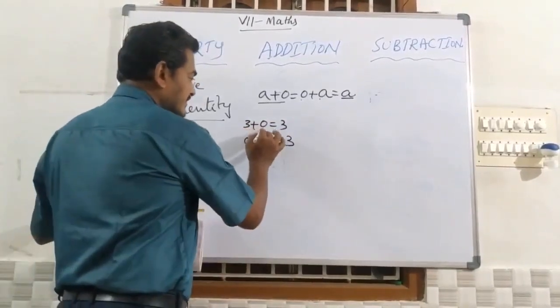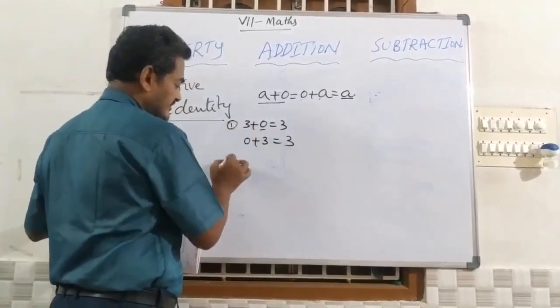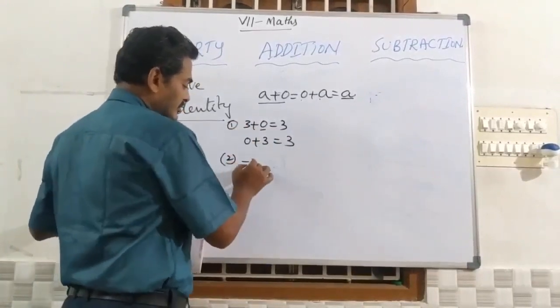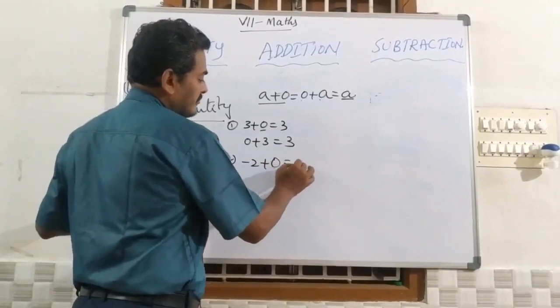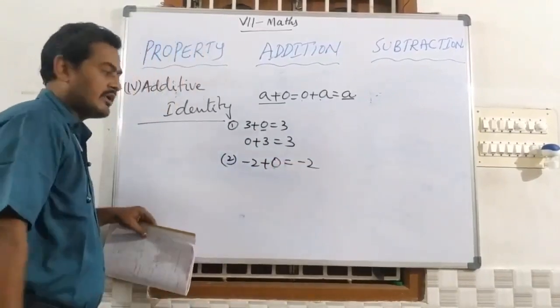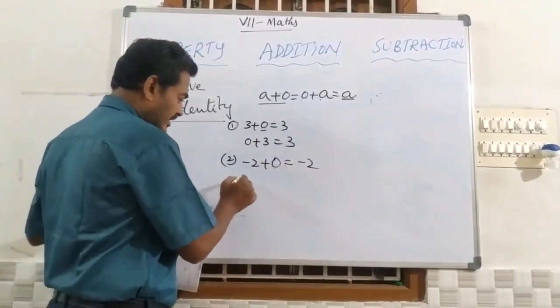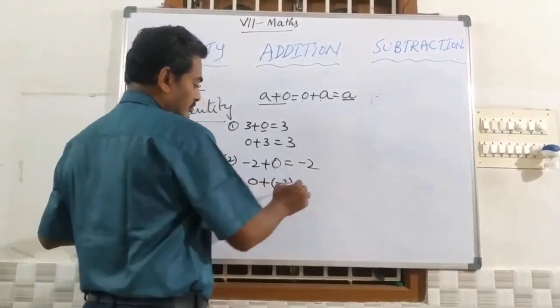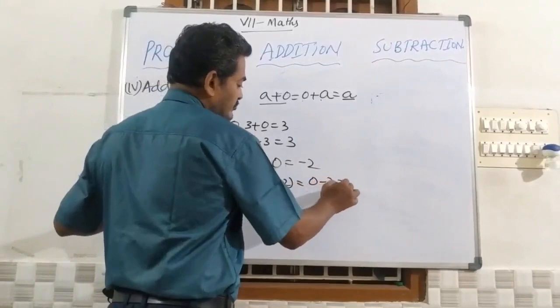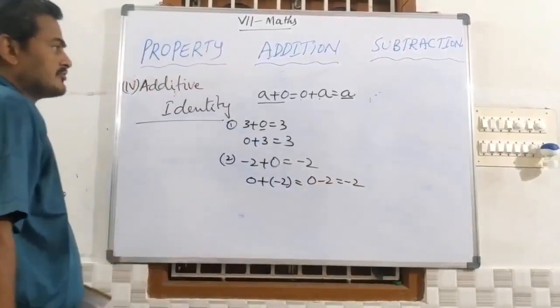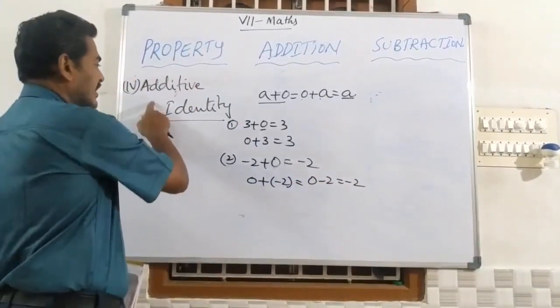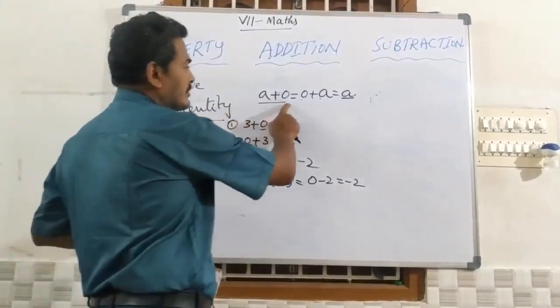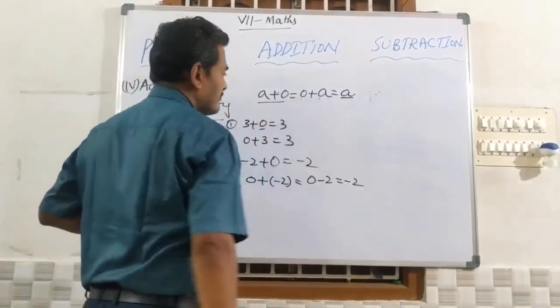Another example: minus 2 plus 0 equal to minus 2, and 0 plus minus 2 equal to minus 2. So additive identity means A plus 0 equal to 0 plus A, equal to A.